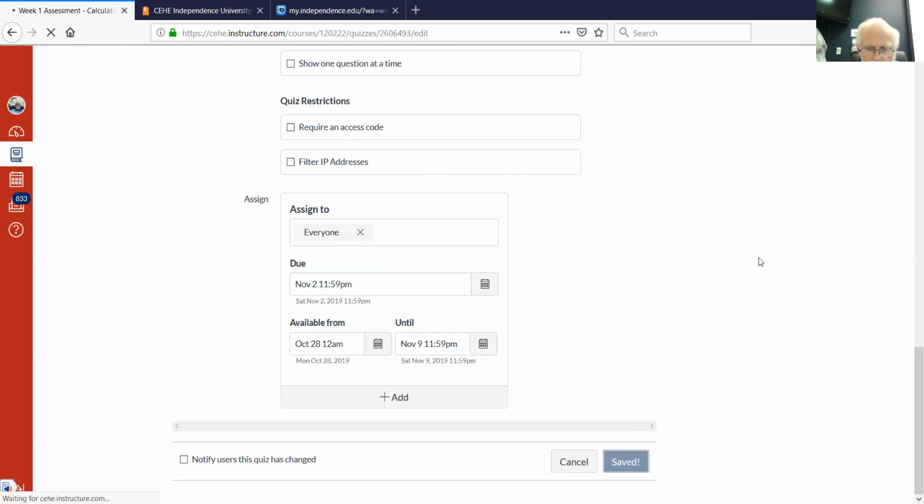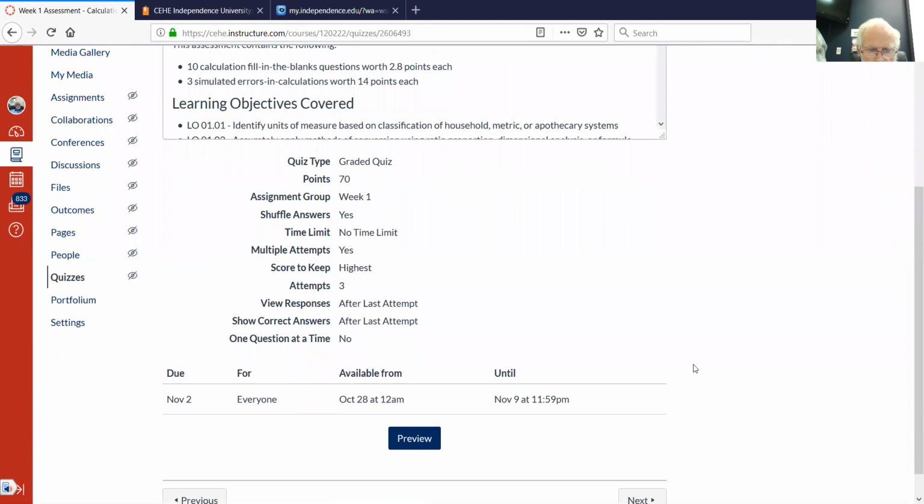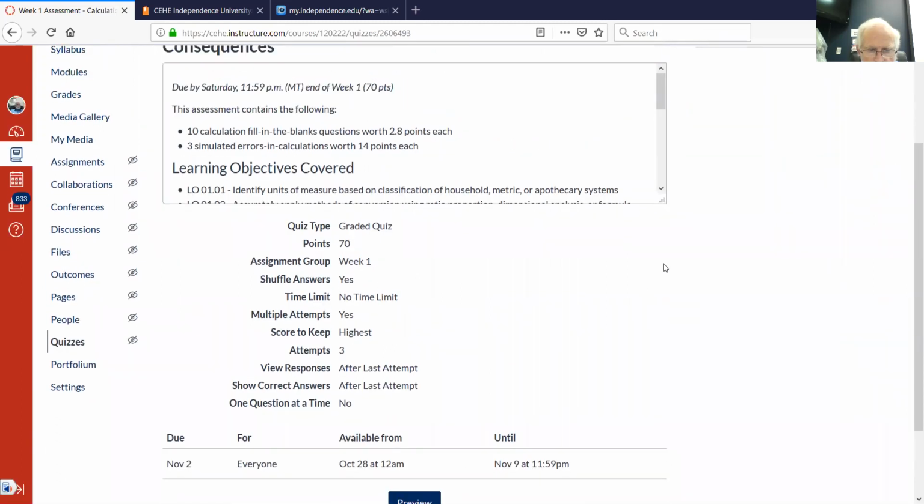So what you should do is, you know how to do these things. Make sure that you see the responses. Make sure that you keep a record of what you're doing so that you can maximize your score on this. I do it this way because I view these quizzes as learning experiences rather than measurement experiences, at least at the beginning of the class. So again, all of these will be set up in that way.